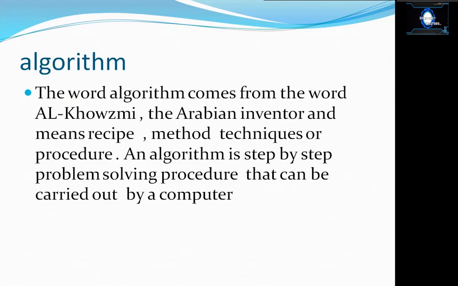Now going to defining an algorithm. The word algorithm comes from al-Khwarizmi, the Arabian inventor, and means recipe, method, technique or procedure. An algorithm is a step-by-step problem solving procedure that can be carried out by a computer.